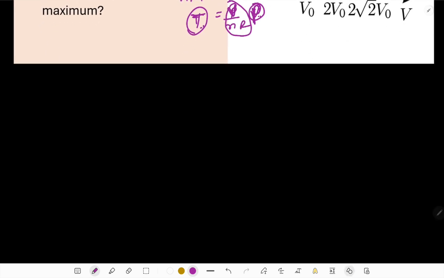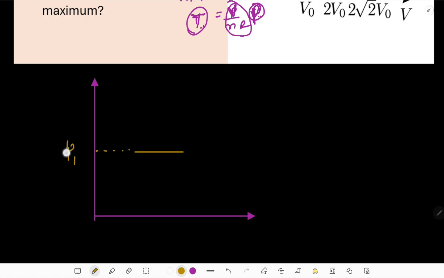And to do so, I'm going to draw a line for 1 to 2, and that will be simply like this, because pressure here is constant. 1, 2, 3.